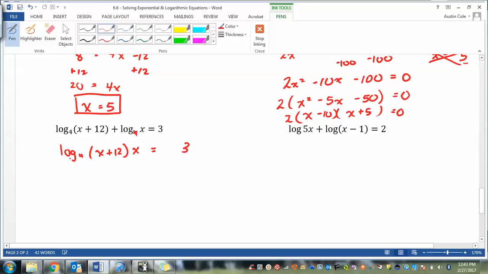Well, to get rid of our log, we're going to exponentiate both sides, where those are going to go away. I'm going to rewrite this to put the x first. So I have x times x plus 12 equals 4 cubed, 64.